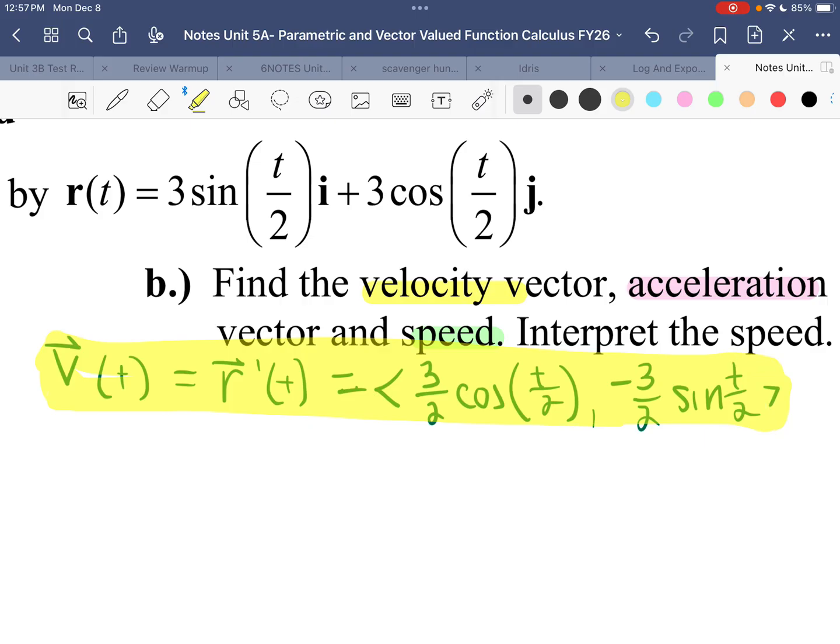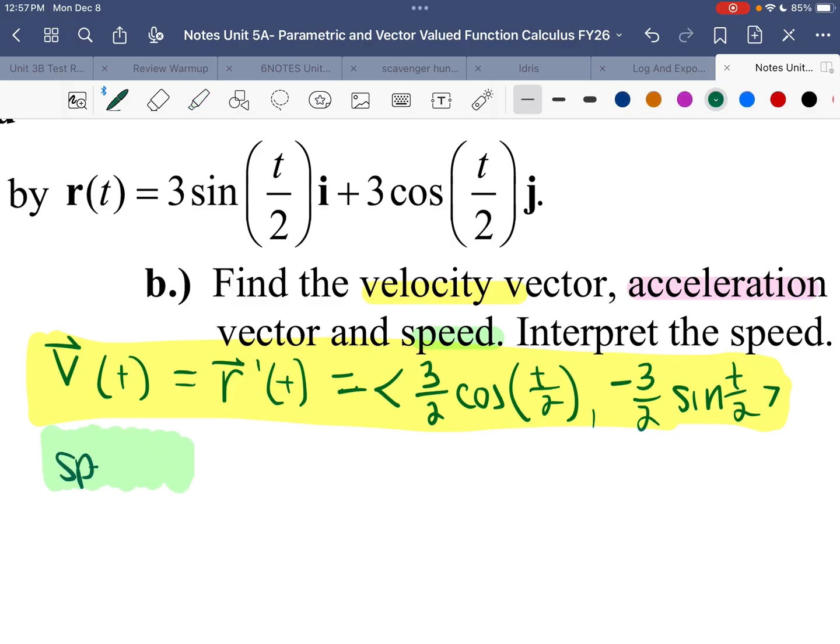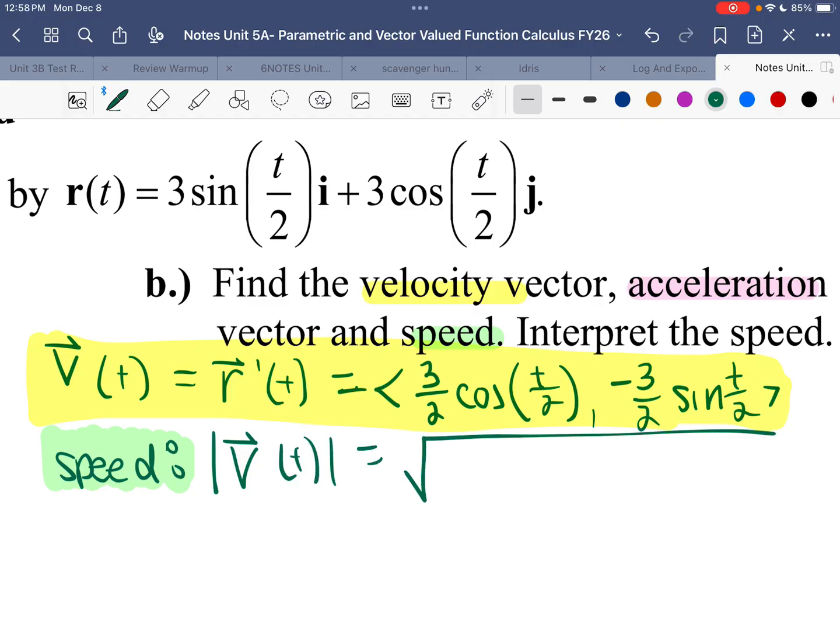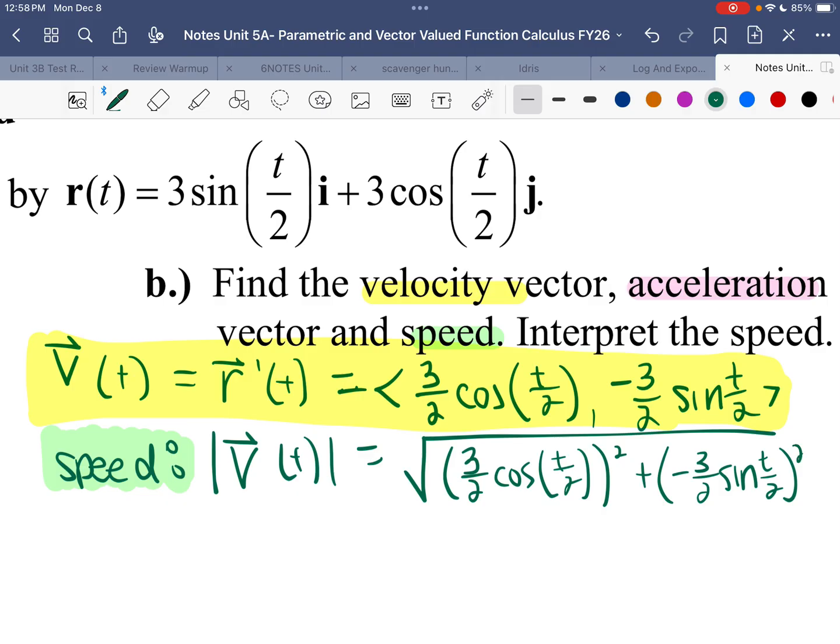I would right away just use speed instead, because the speed is finding the magnitude of the velocity. So speed is magnitude of velocity. So we got square root of 3 over 2 cosine t over 2 squared plus negative 3 over 2 sine t over 2 squared.